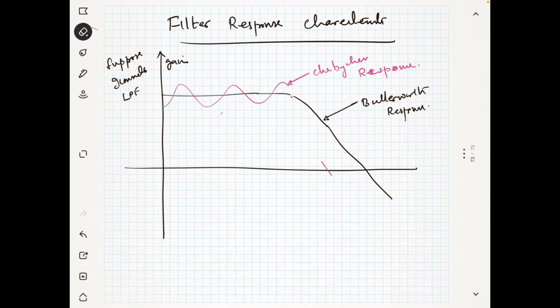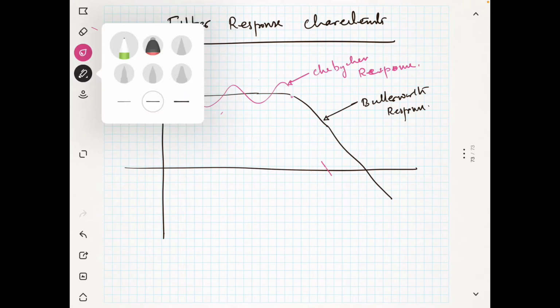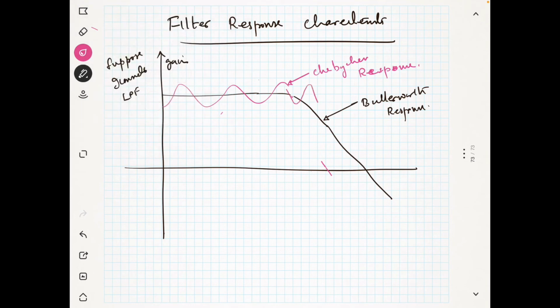The Bessel characteristic starts like this, but its transition is very slow.